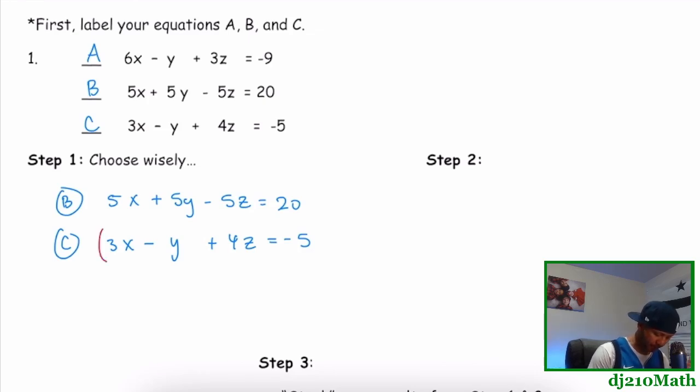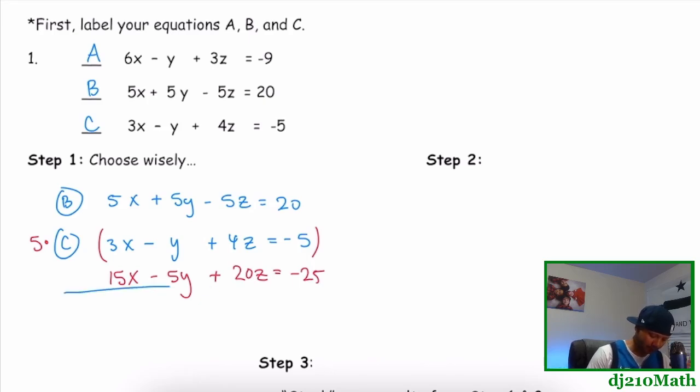I'm going to multiply C times 5, distributing the 5 to everything. 5 times 3 is 15x. 5 times negative y is negative 5y. 5 times 4 is 20z. And 5 times negative 5 is negative 25.